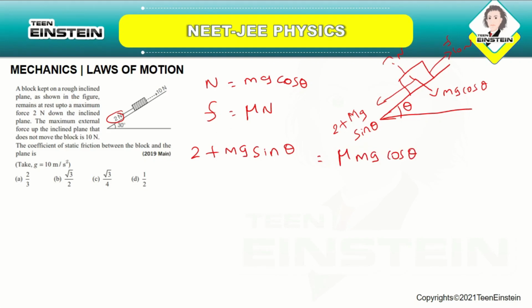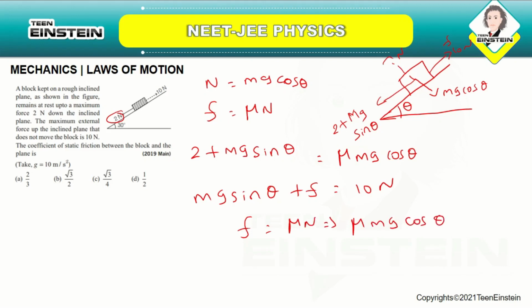That's what you are writing here. Now we have a force of around 10 Newton over here, so mg sin theta plus F will be equal to 10 Newton, where F is equal to mu N, which is equal to mu mg cos theta.